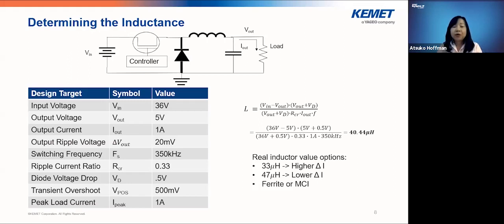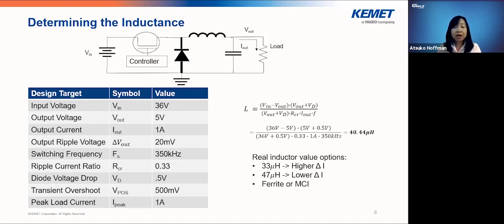But 40.44 microhenry will not work in the real world because no vendor produces this specific 40.44 microhenry inductor. So your choices are, you can either go down in inductance from the target value to 33 microhenry, or you can use a higher inductance value, 47 microhenry, compared with the target value.